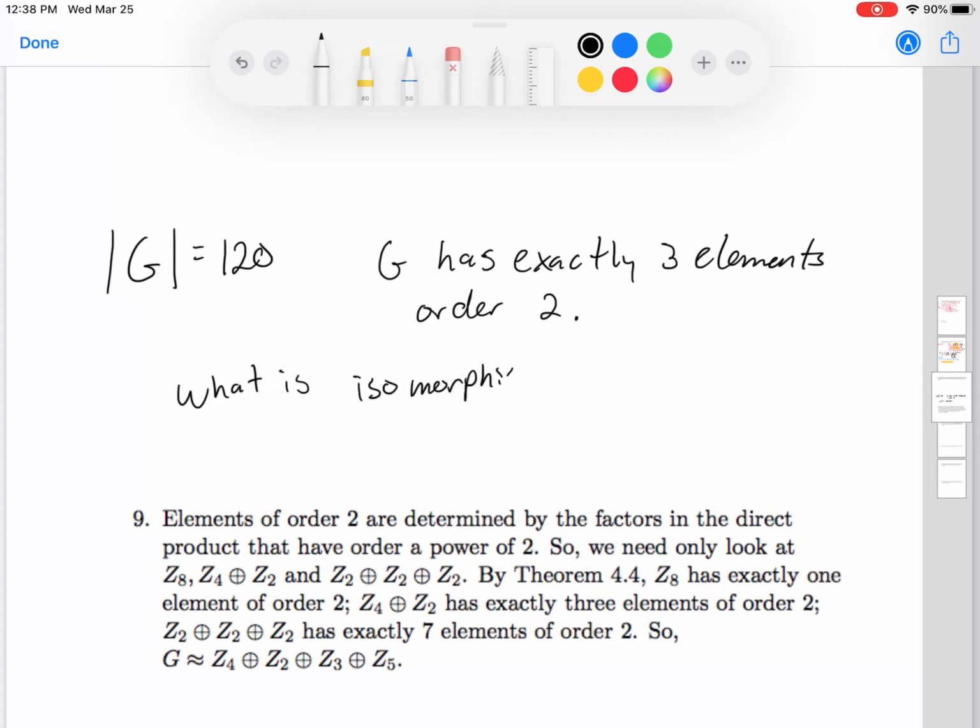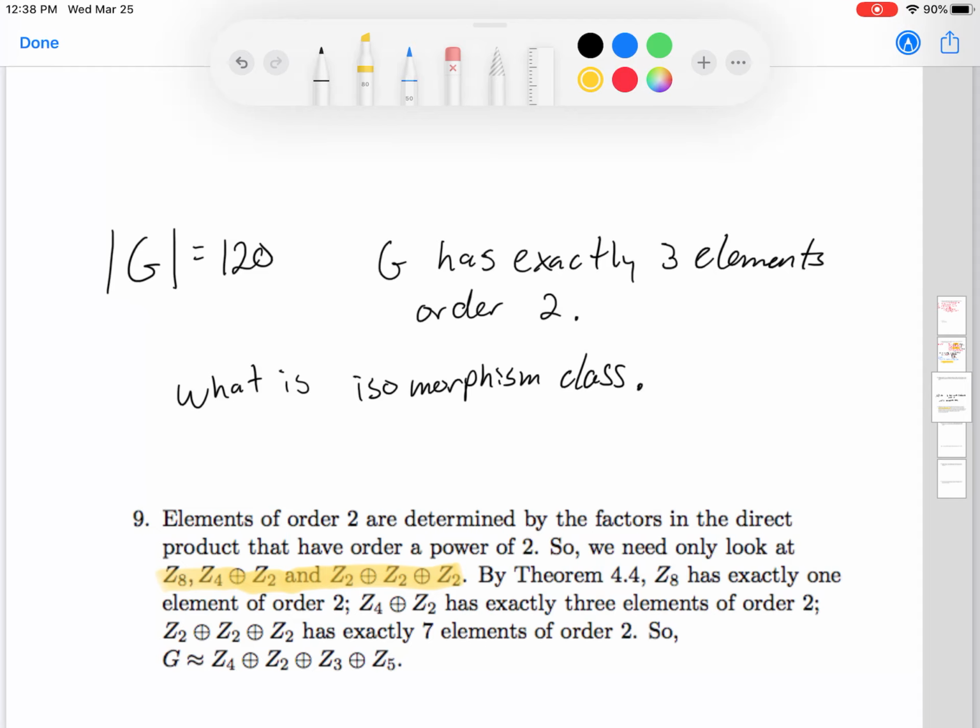So we're really concerned about the elements of order 2 being factors in the direct product that have an order a power of 2. So we really are just looking at here Z8, Z4 external direct product Z2, and then Z2 external direct product Z2 external direct product Z2.